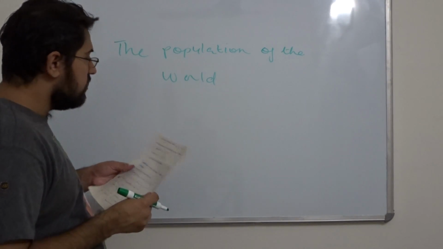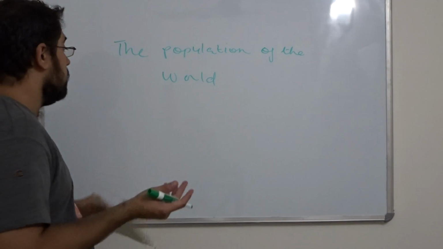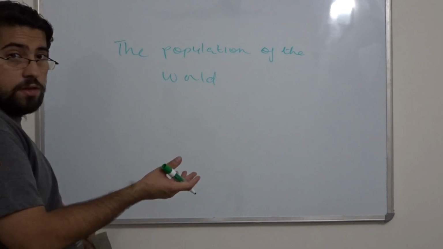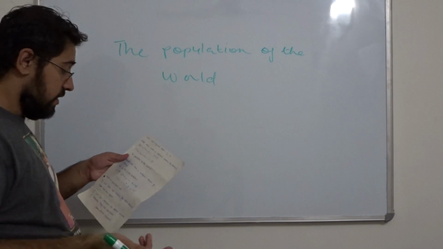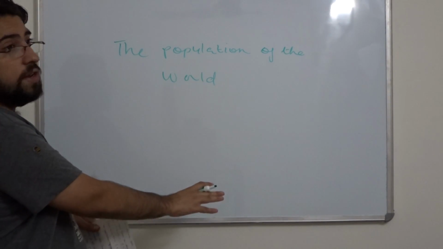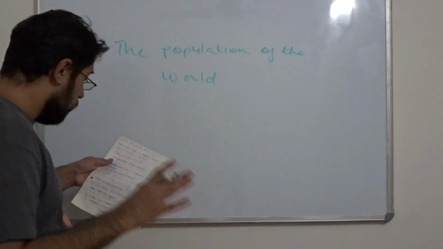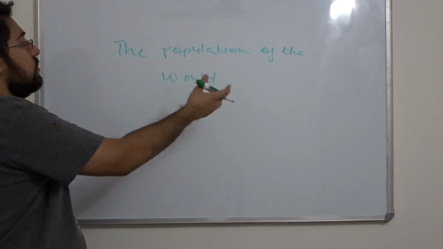So this is really a finite set. 7.6 billion, that's it. You cannot write 7.6 billion plus. No, that will become an infinite set. You have to just be exact. 7.6 billion, period. That's it. No questions asked.